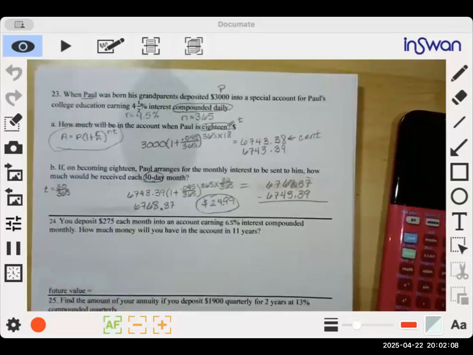I have given points back for those people. It's rare. It doesn't happen a lot. But if that happens to you, just let me know and we'll work it out and give you the points if you truly earn the points.